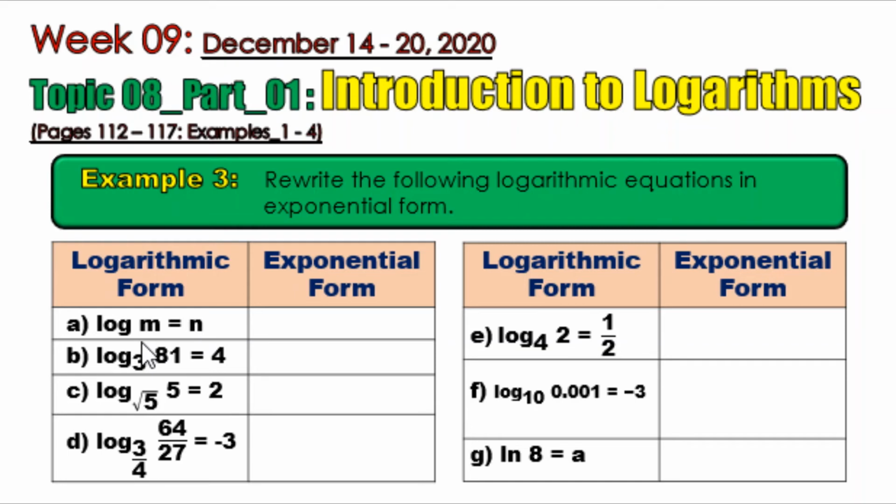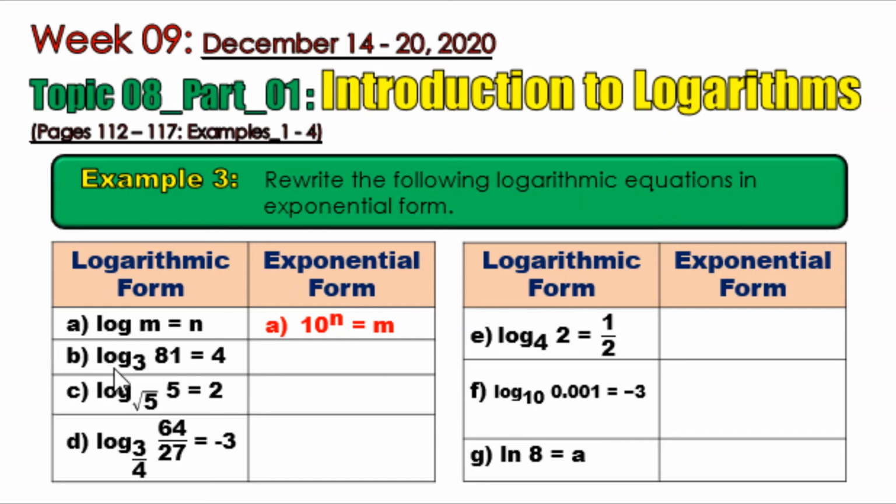As you can see, your base is not written, so this is a common logarithm with the base 10. Our base is 10, the exponent is n, and the answer is m. Therefore its exponential form is 10 raised to n is equal to m.